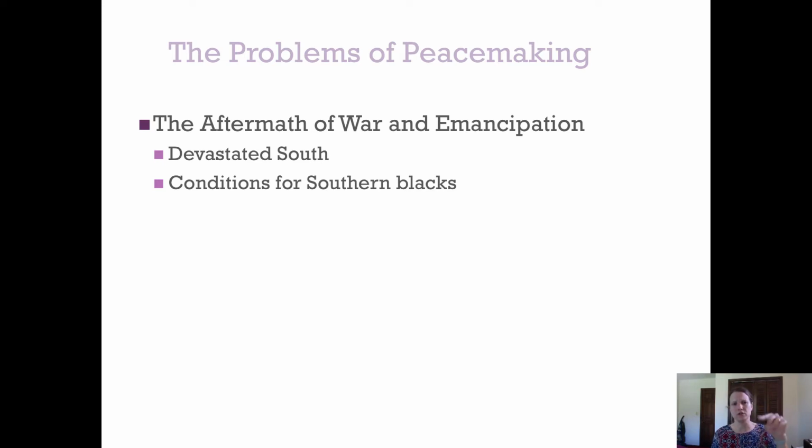If I can loop back to the devastated South, something important to talk about is this idea of a lost cause. Many, many Southerners looked back fondly, nostalgically, to the time period of the South before the Civil War. The big sweeping plantations, mint juleps and tea on the porch in the afternoon and stuff like that.